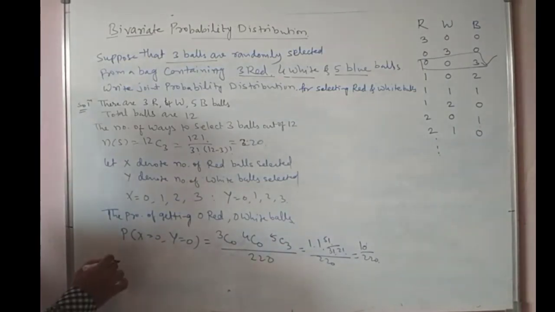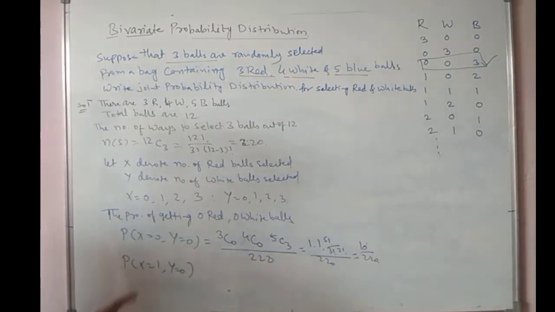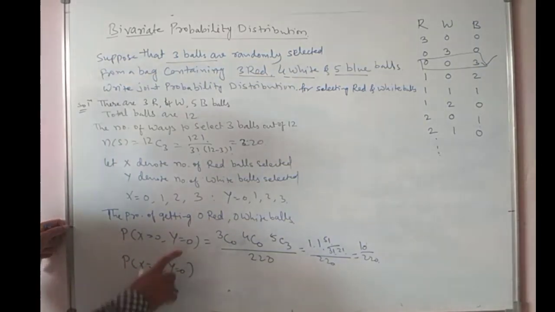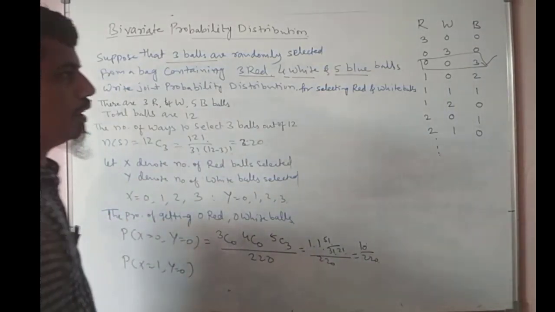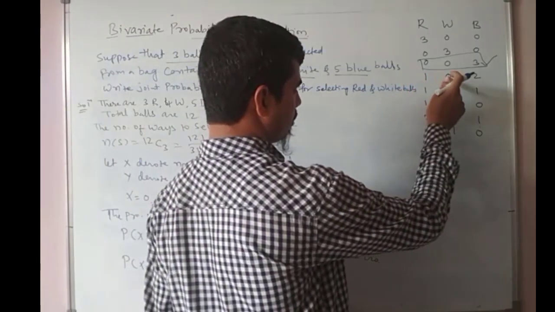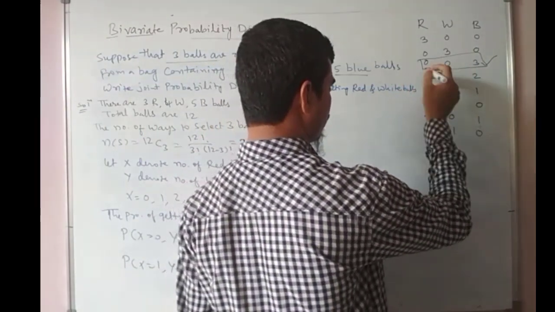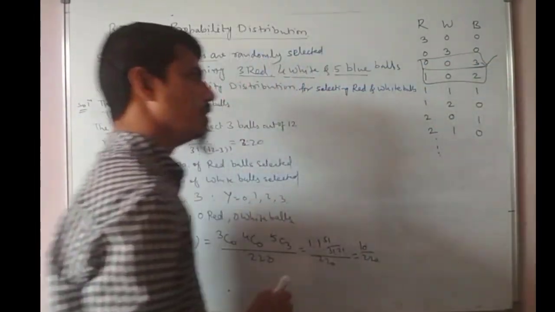Similarly, if you evaluate the probability of getting 1 red ball selected and 0 white ball, it means that the 2 balls are blue. That is 1 red ball, 0 white ball and 2 blue balls.